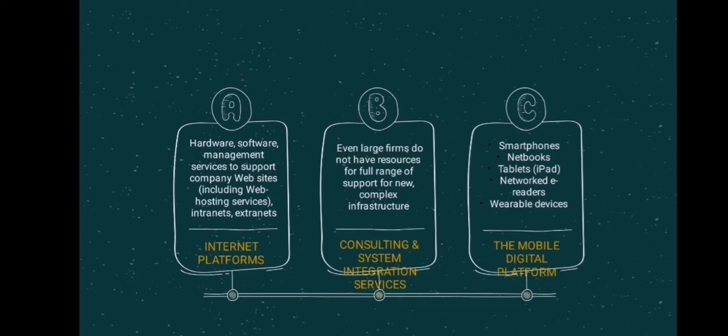Okay, then for consulting and system integration services, which mean even large firms do not have resources for full range of support for new, complex infrastructure. The software integration is ensuring new infrastructure works with legacy systems. Legacy systems are older TPS created for mainframes that will be too costly to replace or redesign.